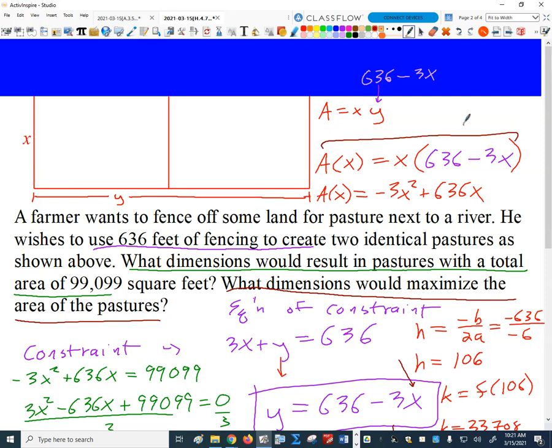Did we even really need to define it in terms of x and y? Yeah, maybe not. Everybody agree with that? We could have conceptualized that and said, if we take the full 636 feet of fencing and subtract away 3 x's, that's going to give us what's left over for the length of the pastures. And so that's maybe how we could get that other dimension, that 636 minus 3x. Either way, though.